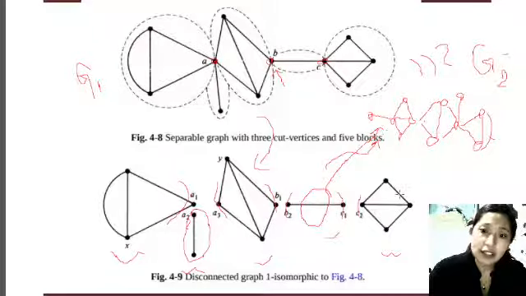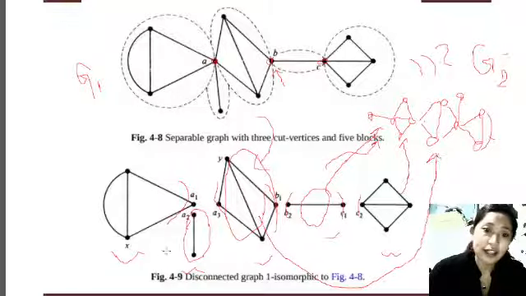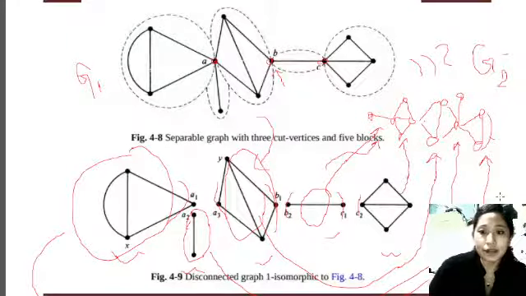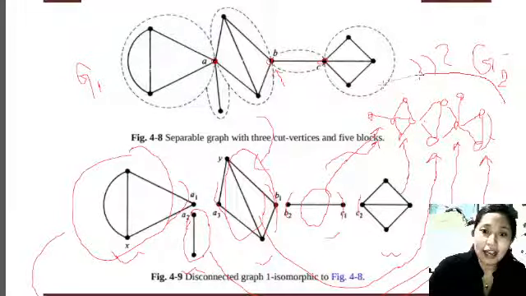Now let us take this block and combine it with the previous block. Now let us take this block and join it here. Now let us take this block and join it here, and let us take the first block and join it in the last place like this. Once you join all of these, you get the graph G2.